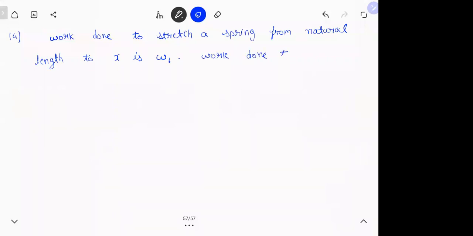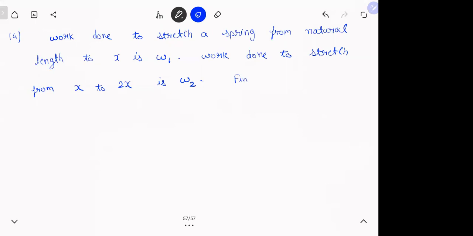Work done to stretch a spring from natural length to X is W1. Meaning you got a spring, you stretch it from natural length to X. Work done to stretch from X to 2X, meaning from there you want to stretch further, is W2.